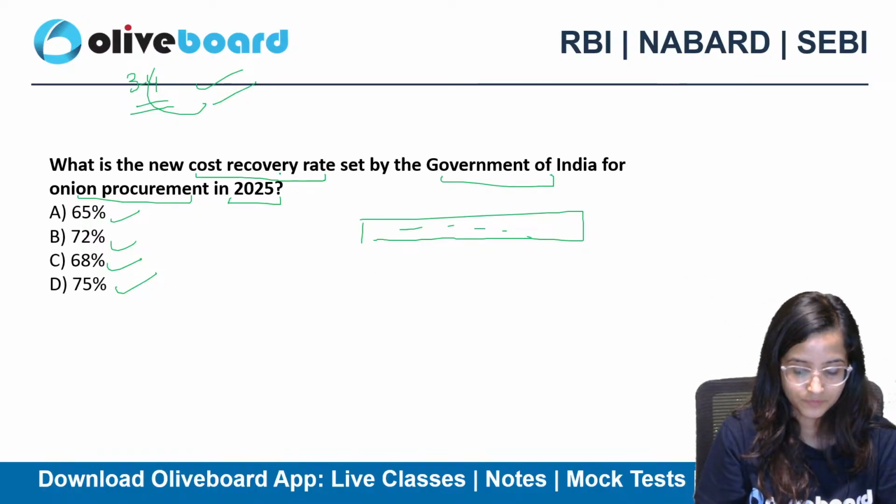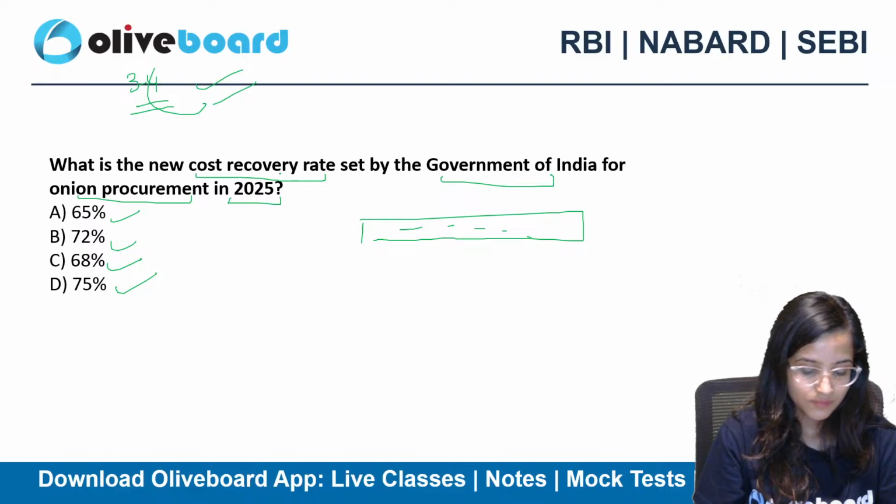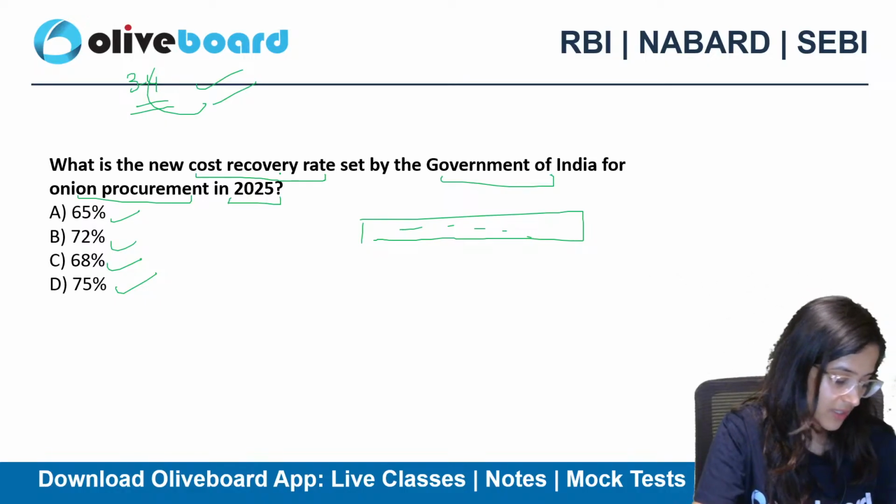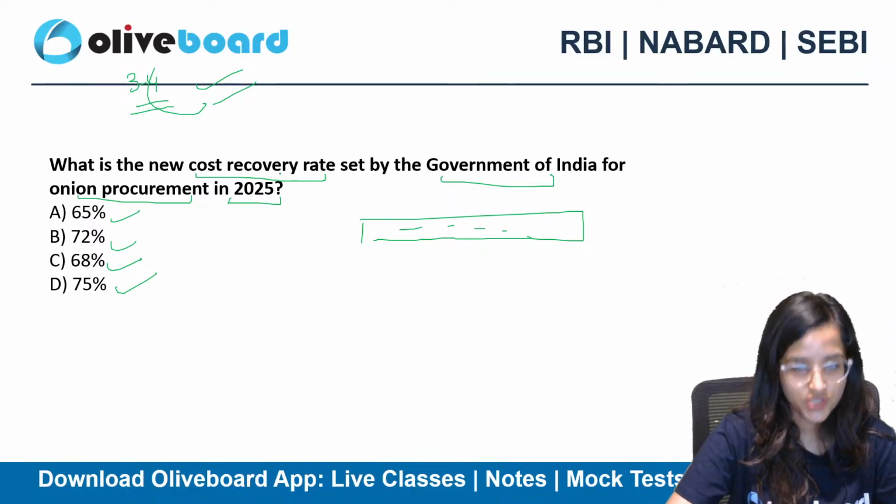Anyone? Let me see whether you have read the newspaper or not. Chetan is saying 72%, Bhakti is saying 75 or 72%.